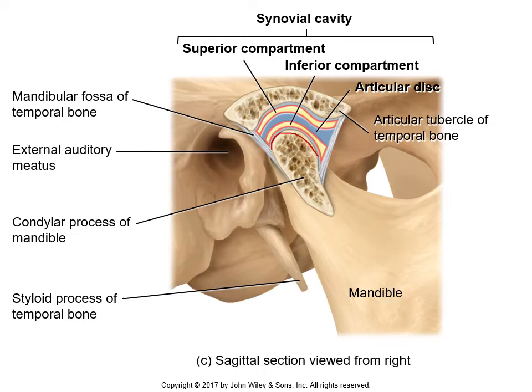Throughout, you can see superior and inferior compartments. That part I don't so much care about. But the TMJ is a little different in composition than some synovial joints. We see an articular disc. When I chew, my jaw kind of clicks and cracks.